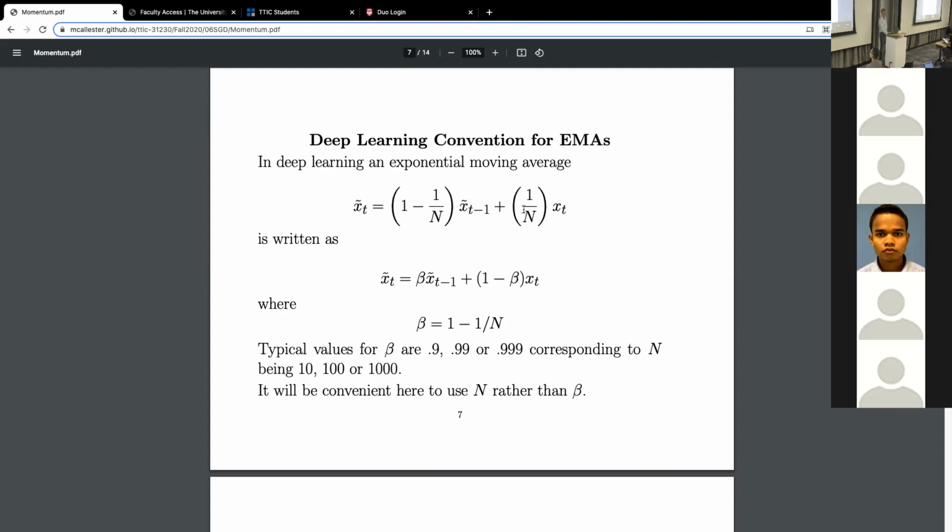I think of this as a running moving average that's approximately averaging over the most recent capital N. In PyTorch, this beta parameter is typically either 0.9, 0.99, or 0.999. So this is very close to 1. In principle, it could be any real number between 0 and 1. So that's another confusion. I use capital N, but really any convex combination is valid. Beta can be anything between 0 and 1. But 0.9 would correspond to averaging over 10, 0.99 is averaging over 100, and 0.999 is averaging over the most recent 1,000.